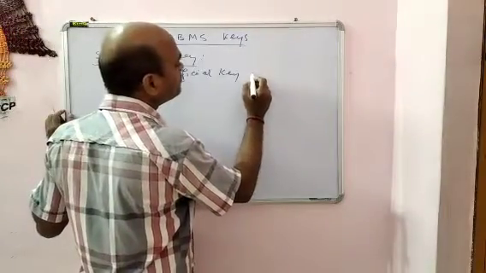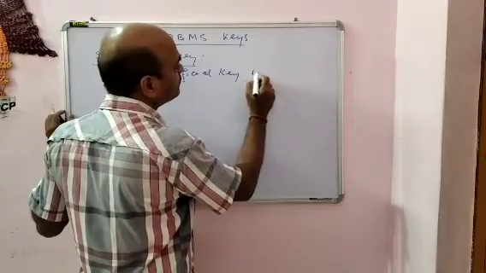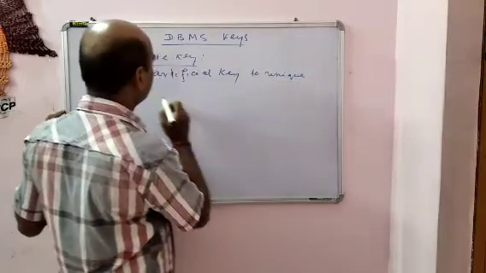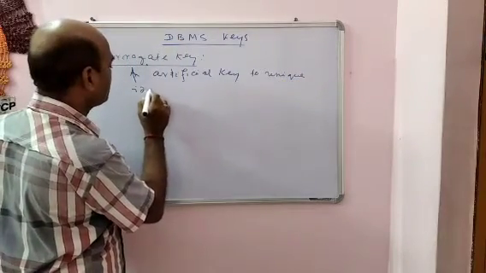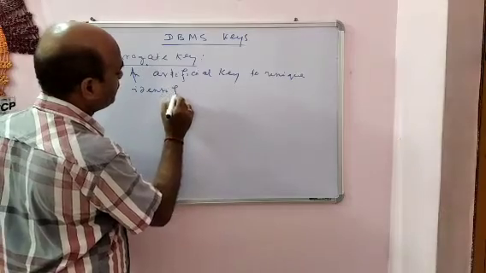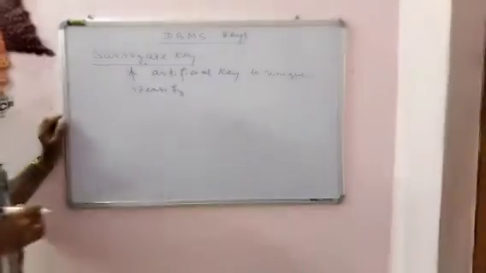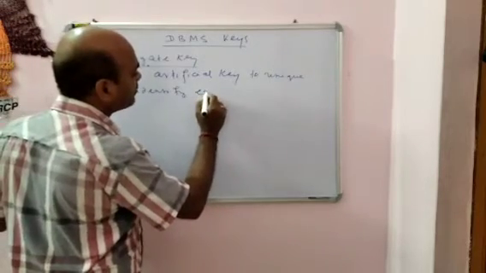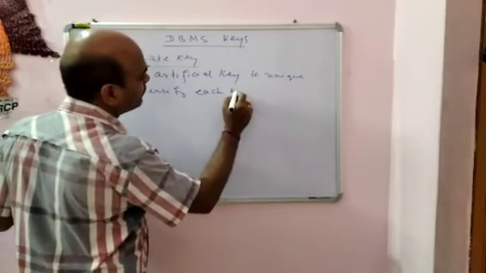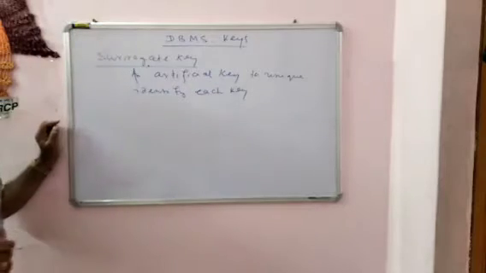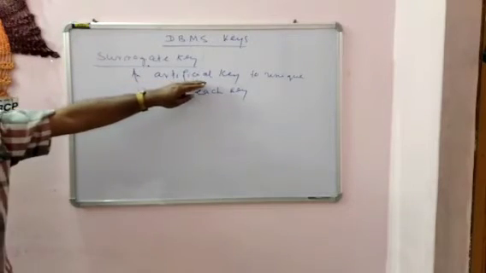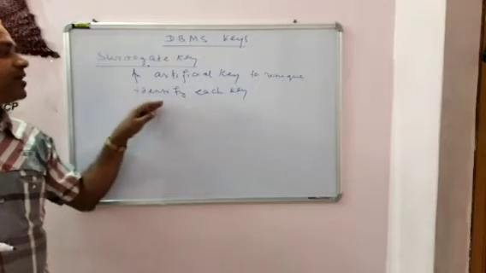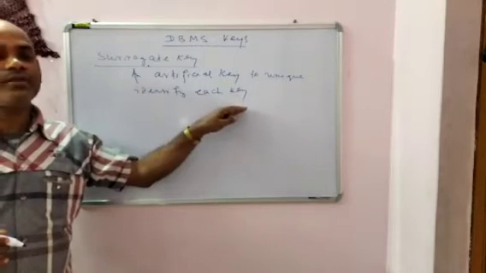each record in a table. So this artificial key aims to uniquely identify each record in a table.